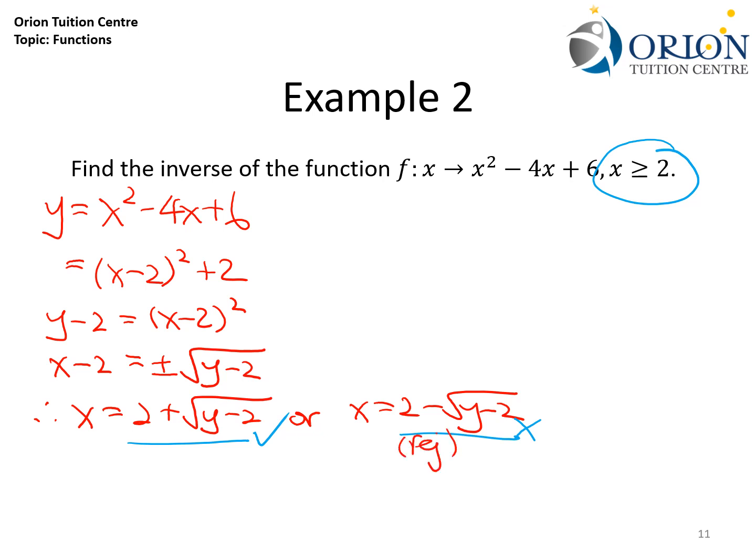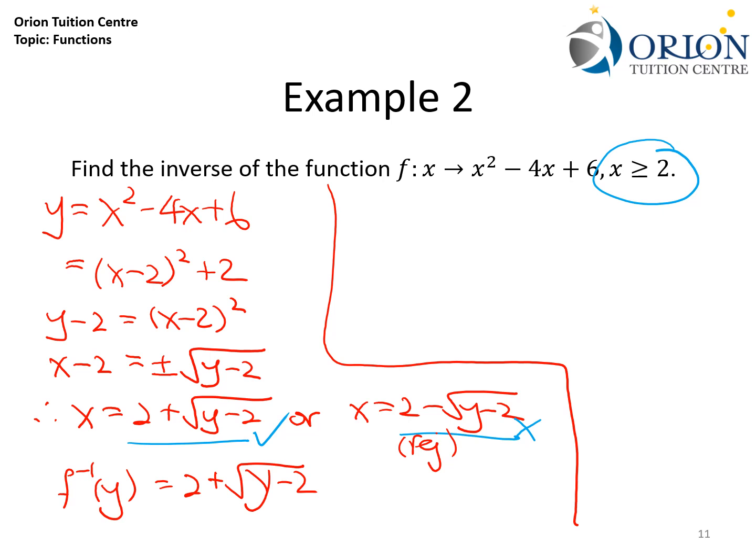Based on this, I can say that f inverse of y is equal to 2 plus the square root of y minus 2. Let's proceed to change all the y into x. I will have f inverse of x equals 2 plus the square root of x minus 2.